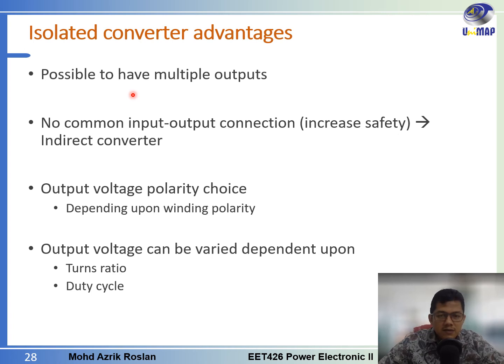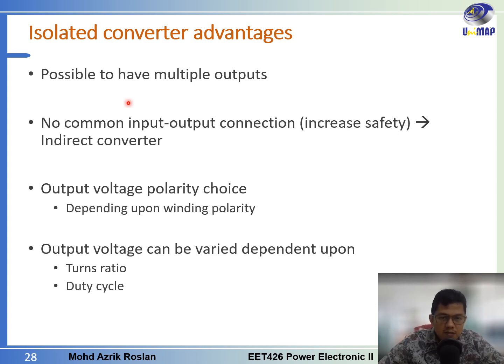At the secondary side we can have multiple windings. Let's say we have one winding at the primary side and two windings at the secondary side, so we can have two output voltages.